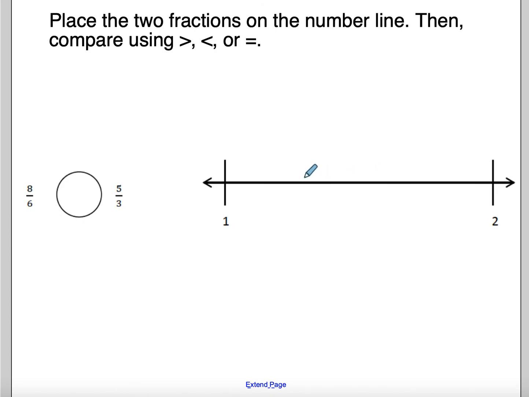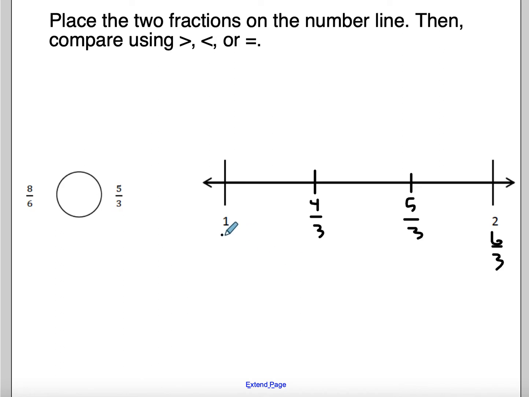I'll start with my thirds, 2 splits to make 3 equal parts. I know 1 whole is 3/3, so this next one is going to be 4/3, 5/3, and this here would be 6/3.